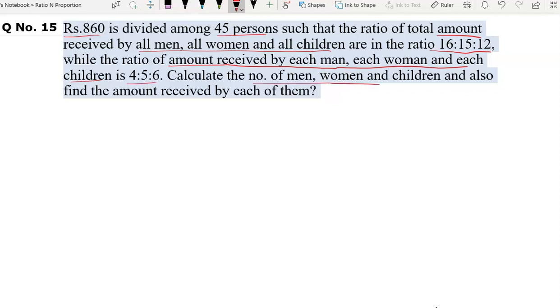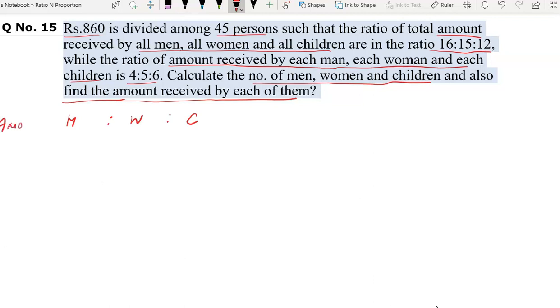Calculate the number of men, women and children and also find the amount received by each of them. So in this question we have men, we have women and we have children, and it says the total amount received by all men, all women and all children are in the ratio 16:15:12.